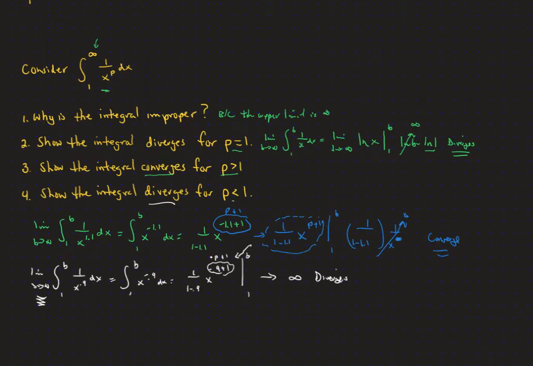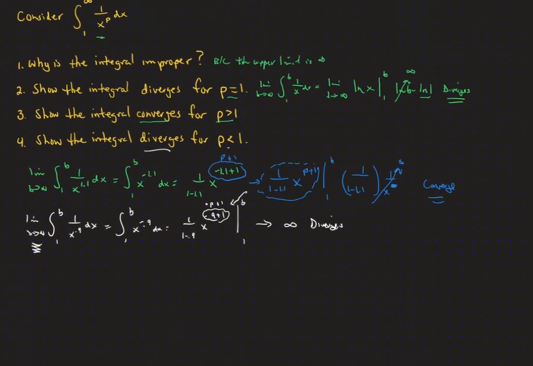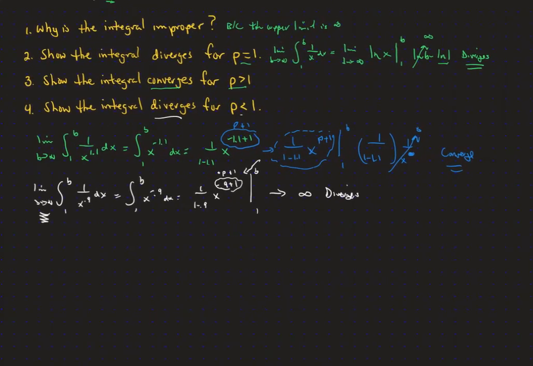Okay, so what we want to take away from this is that we have a boundary of sorts here, at least with power functions. When we're looking at a function y equals 1 over x to the p, when p is equal to 1, we know that's going to look something like that. That is going to be a boundary.